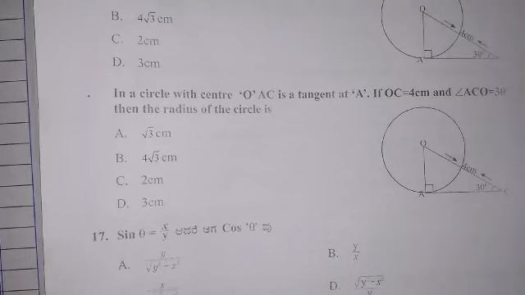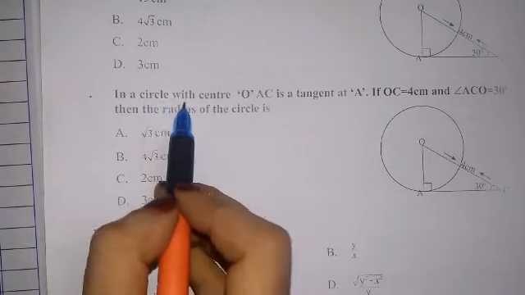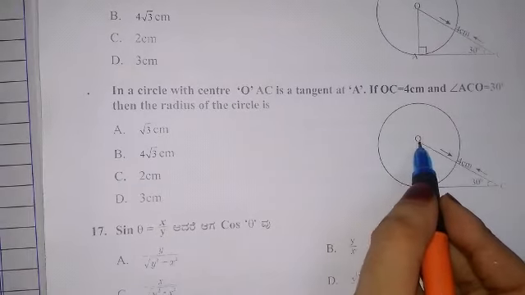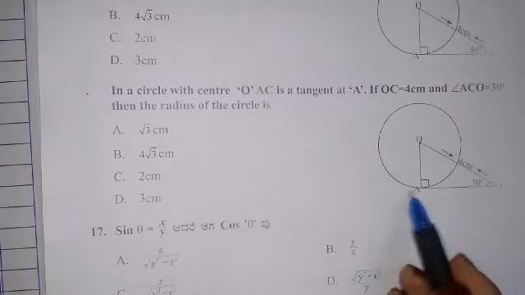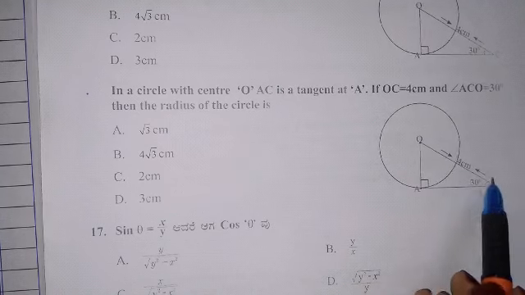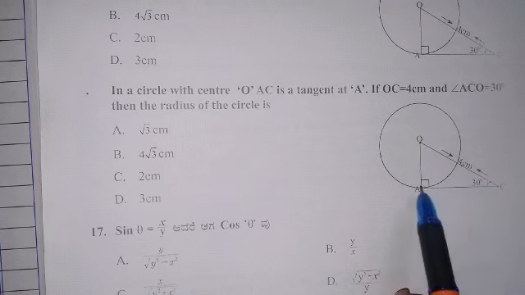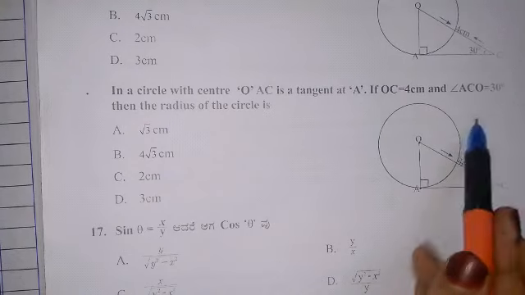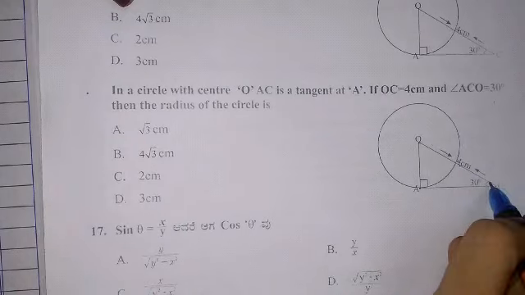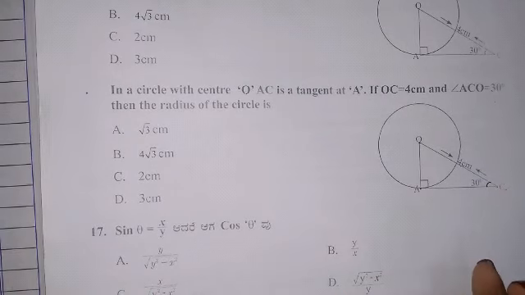Now question number 16: in a circle with center O, AC is a tangent at A. If OC is 4 centimeters and angle ACO is 30 degrees, then the radius of the circle is.